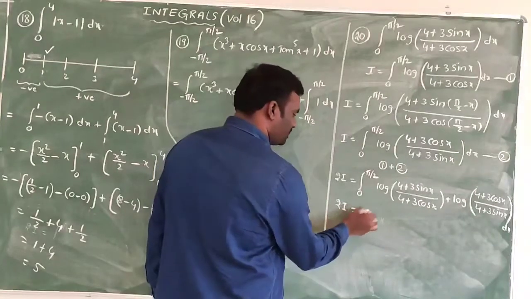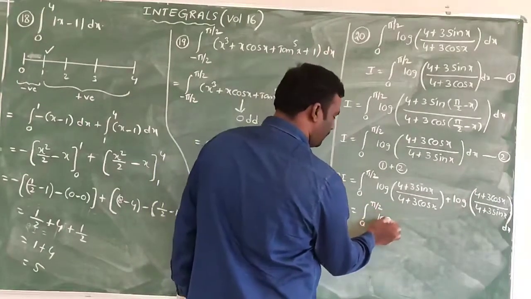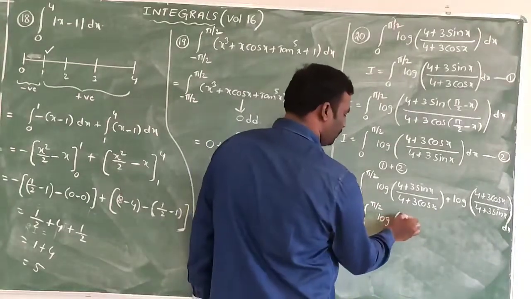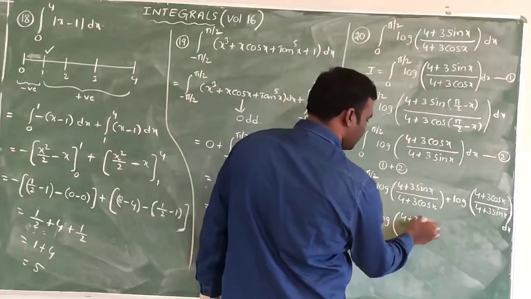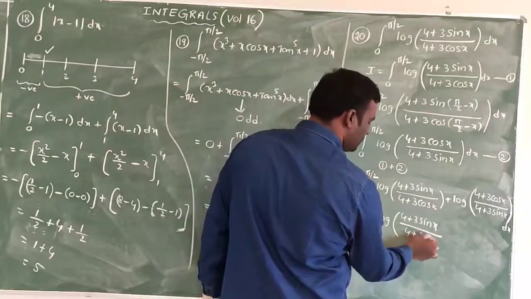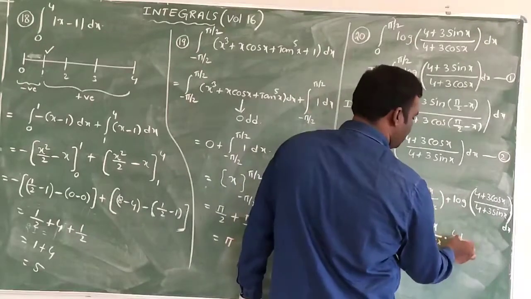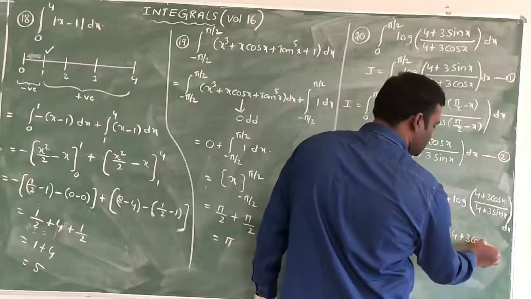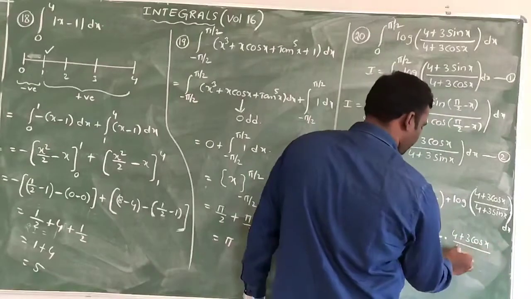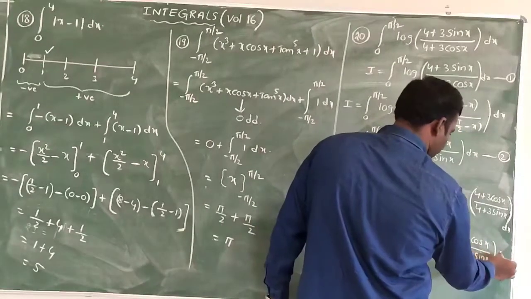Then 2I equals integral 0 to pi by 2 of log of (4 plus 3 sin x) by (4 plus 3 cos x) into (4 plus 3 cos x) by (4 plus 3 sin x).